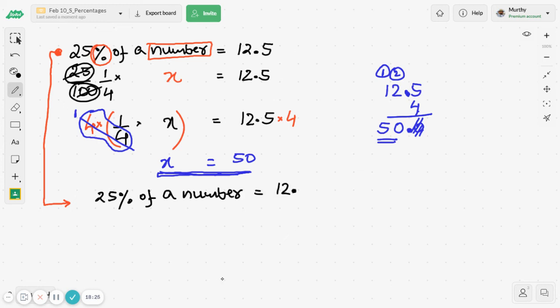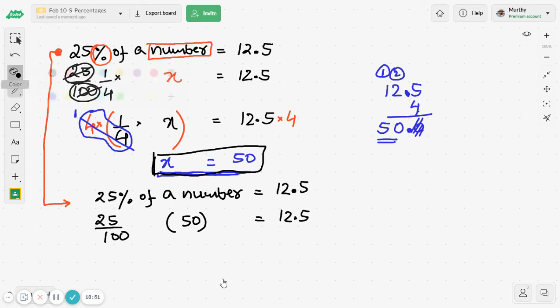This is the given question. Whatever value of x you got, x is nothing but the value of the number. So you take 25 over 100 of that number, which I got as 50, and check whether it equals 12.5 or not.